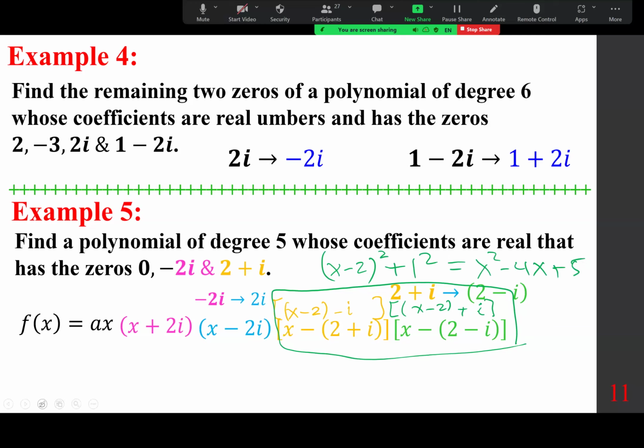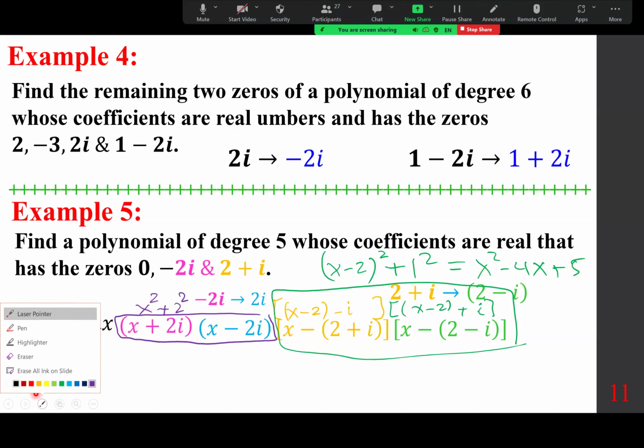And these two, let me use a different color, and these two, you get x squared plus 2 squared. That means x squared plus 4. So you have a times x squared plus 4 times x squared minus 4x plus 5. Let me write that for you.